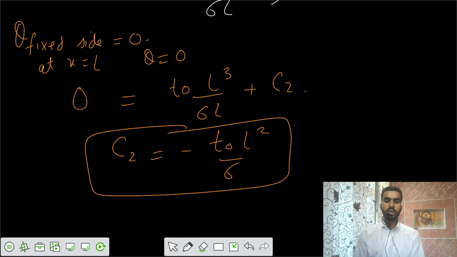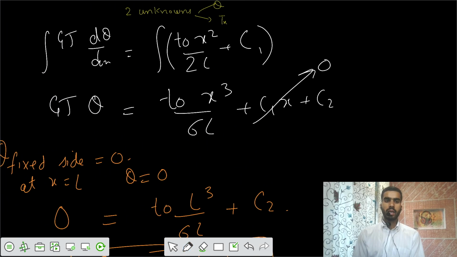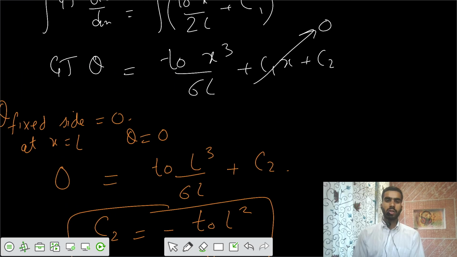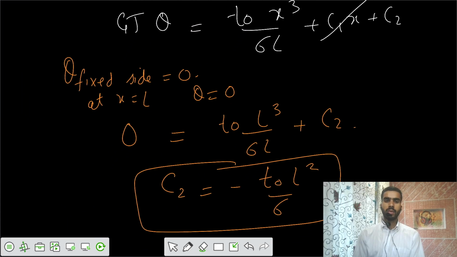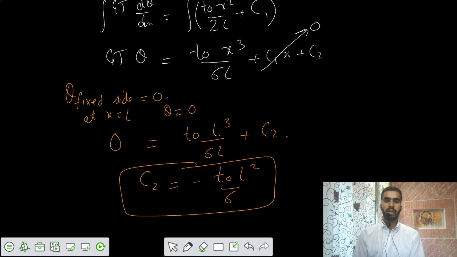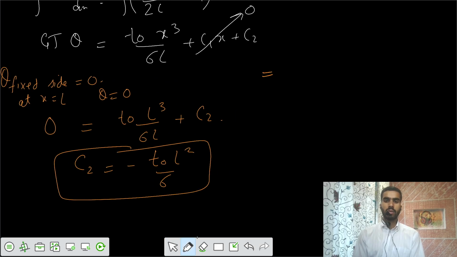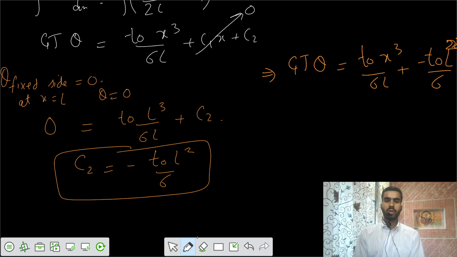Now I would say, what is theta? Based on this, I can get the value of theta at any x. Substituting, the equation becomes GJ theta equals T naught x cubed by 6L minus T naught L squared by 6.